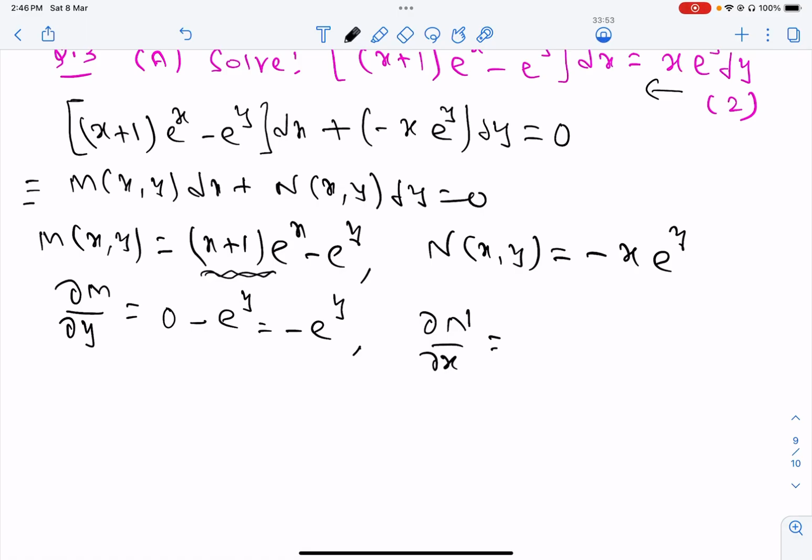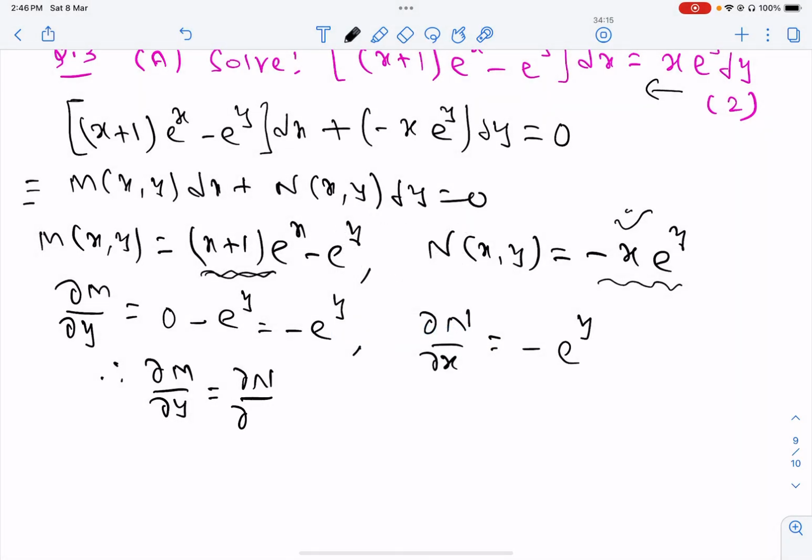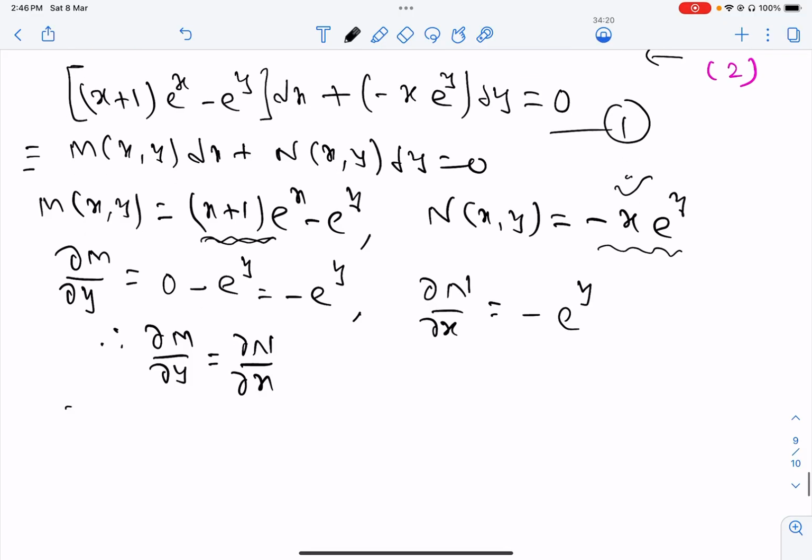The derivative of minus x e power y with respect to x. Only the x term here, so that is minus the derivative of x, which is 1, times e power y. So we can see that del m by del y equals del n by del x, and so this differential equation is exact.